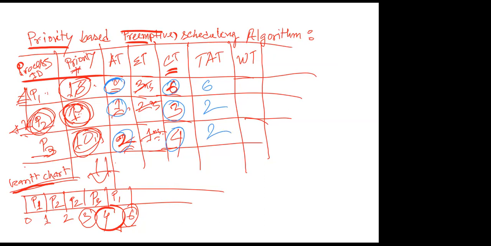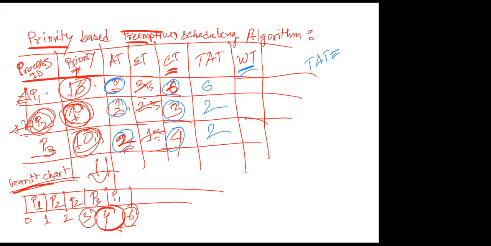Next we want to calculate the waiting time. How to calculate the waiting time? We know another formula for TAT: turnaround time is nothing but waiting time plus execution time, or burst time.